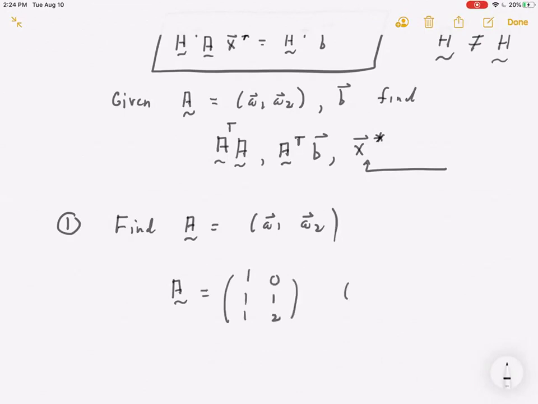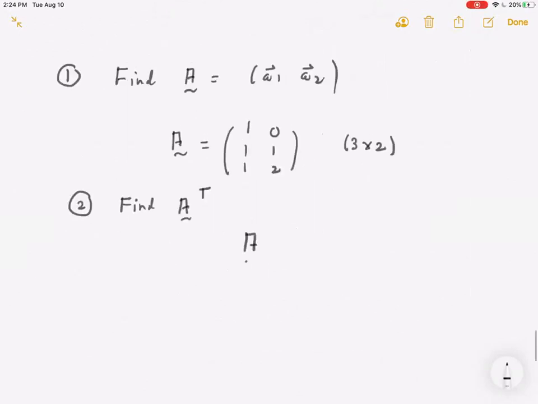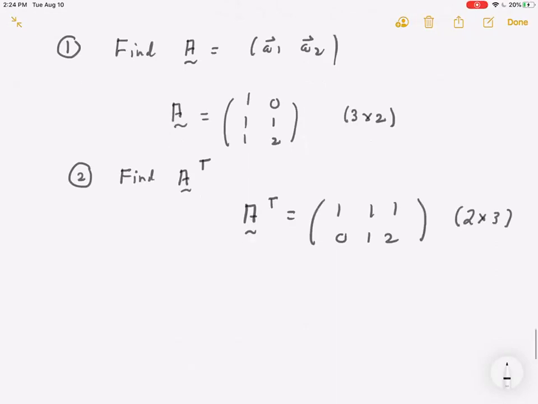So this is a 3 by 2 matrix. It's a tall matrix, has more rows than it has columns. The next thing we're going to do is find the transpose of that matrix. And so that is simply this, which is a wide matrix, it has more columns than it has rows, and has 2 rows and 3 columns.